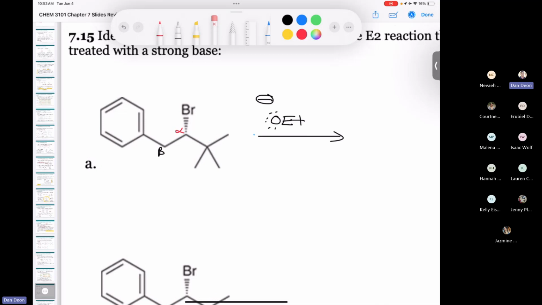Okay, next question. If I highlight this carbon in black, how many hydrogens are attached to that beta carbon? Two. Thanks, you guys. So that means I've got a proton coming out, and I got a proton like this, okay?